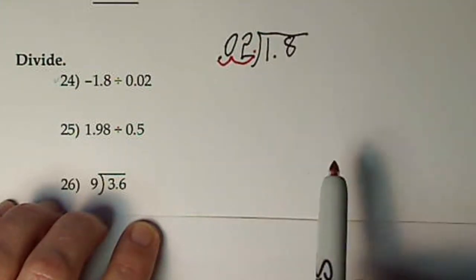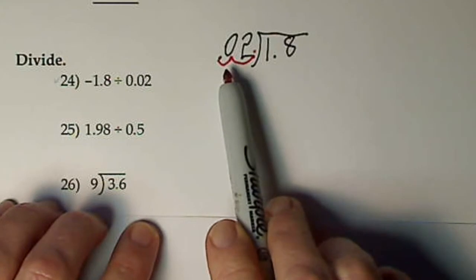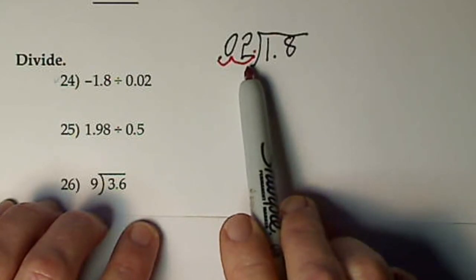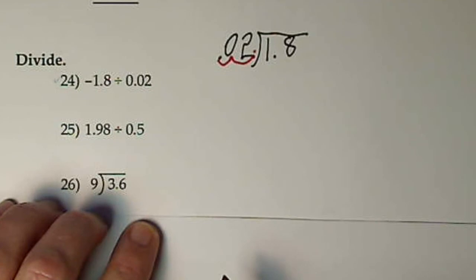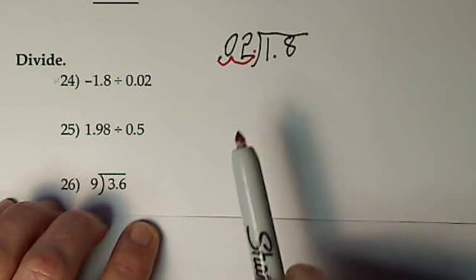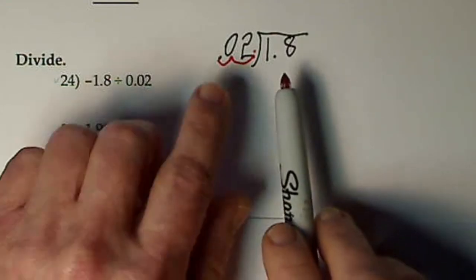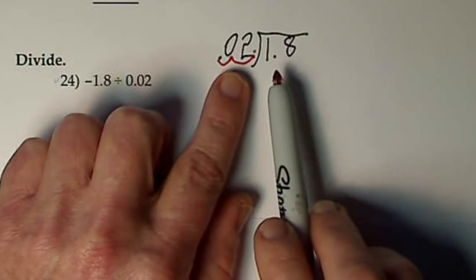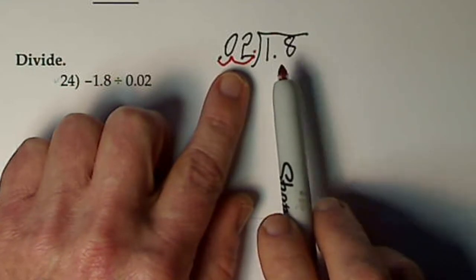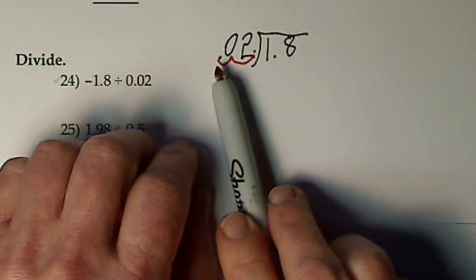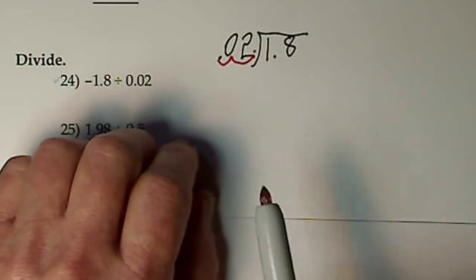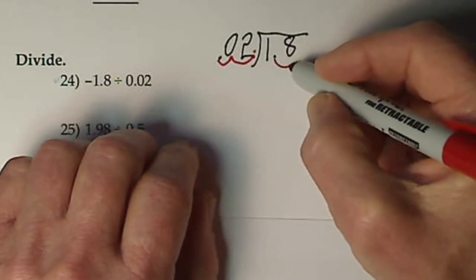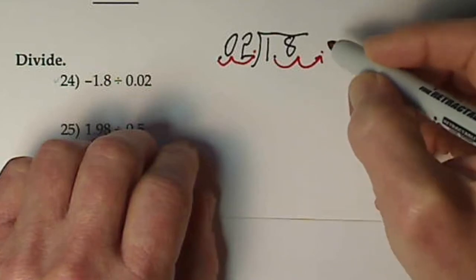And to keep things balanced, I just changed the value of this from 2/100 to 2. Okay, so in mathematics, you're allowed to change the way things look, but you can't change the actual value. So to make sure I don't really change the relationship from here to here, I have to basically perform the same operation right here. So if I move this decimal 2 places, I have to move this decimal 2 places.